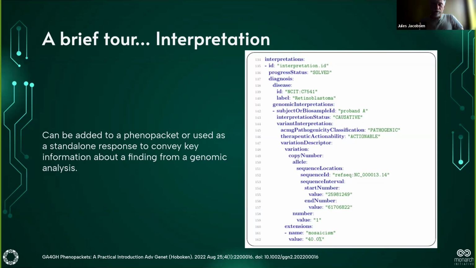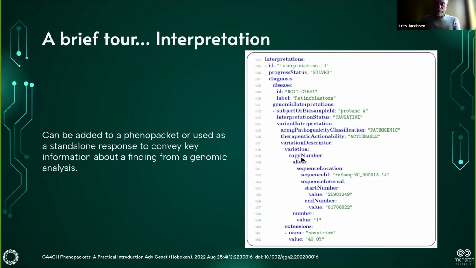The primary standard that they've produced is the variation representation standard, VRS. This is using part of their VRS, and it's a way of describing the variant with some extra description, which would be useful. So in here, we've got the variation descriptor, which is like, what is the variant?